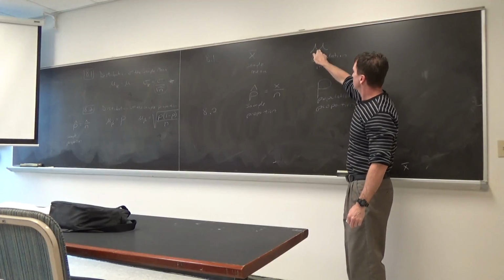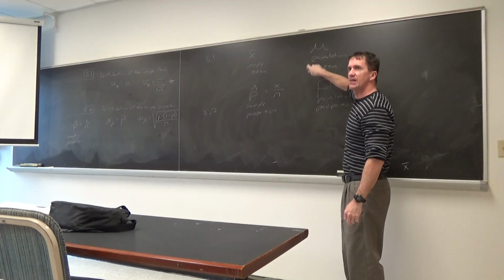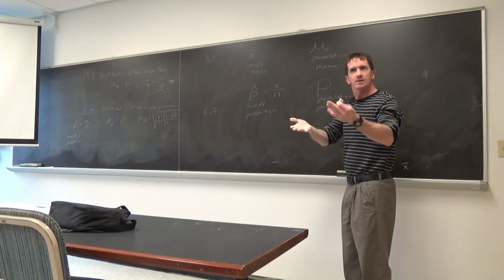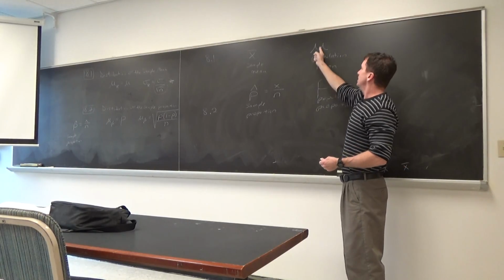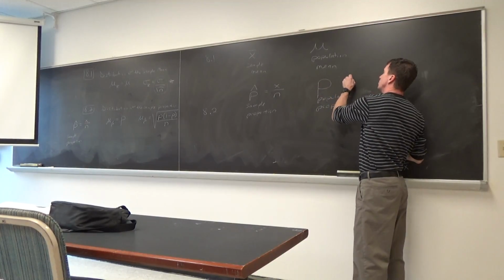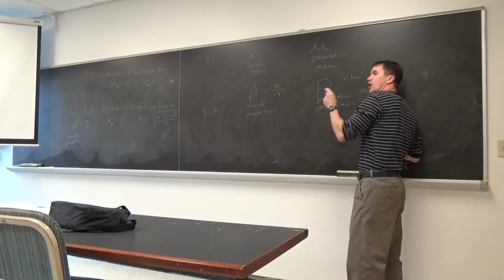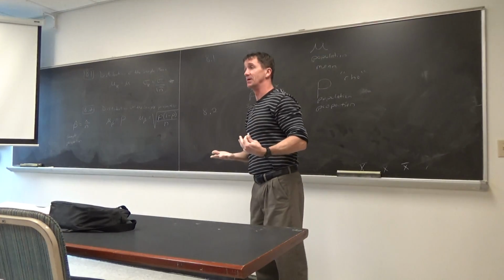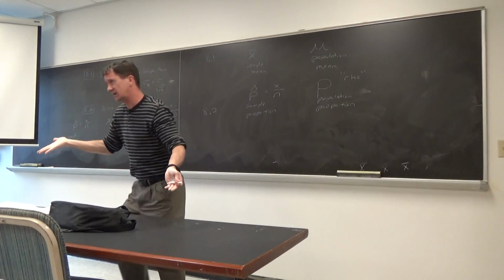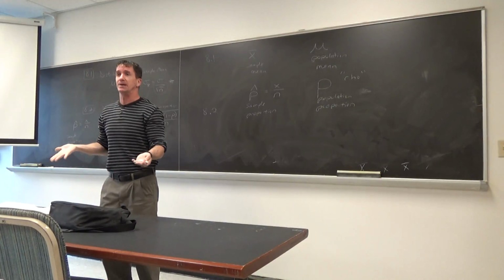But do you remember we like to use Greek letters for these population parameters? This is really the Greek letter rho. I just want to point that out. There's nothing wrong with it. When you do your homework and practice this stuff, if you call it P, because it looks like a P, it's okay.